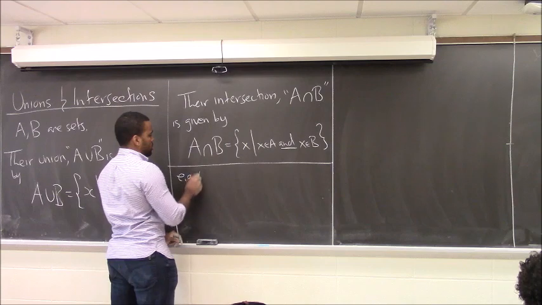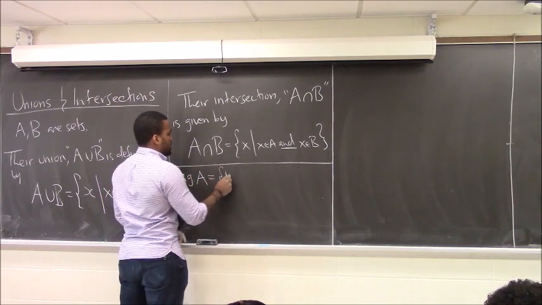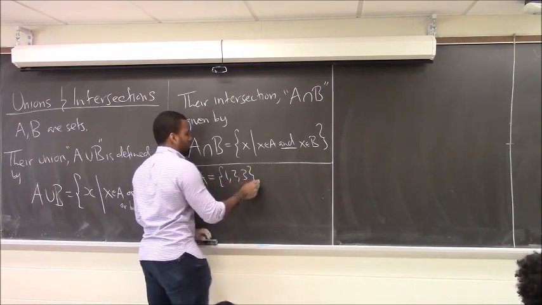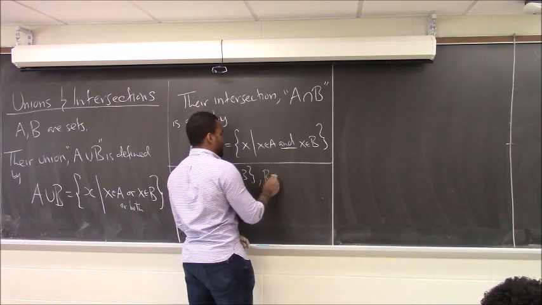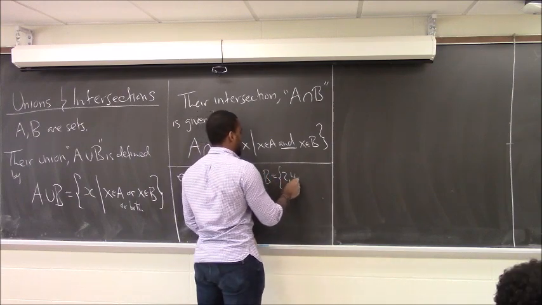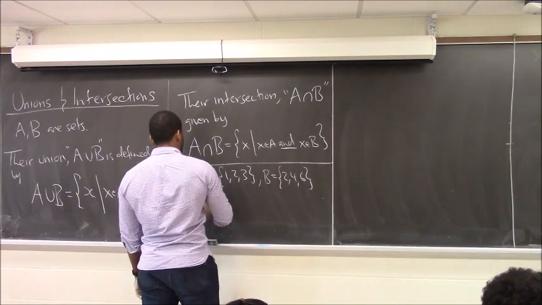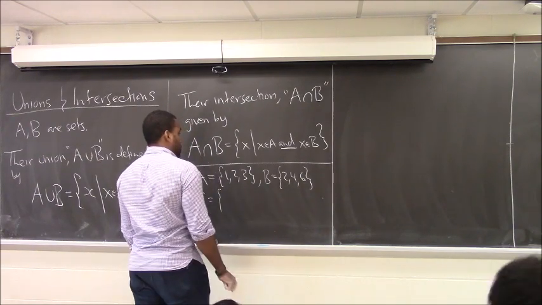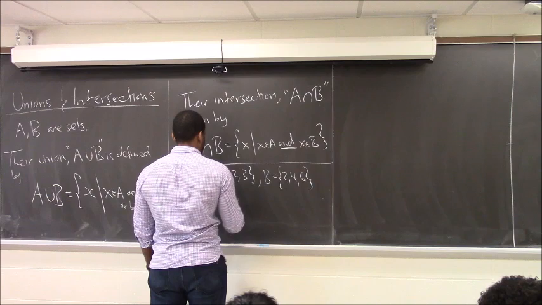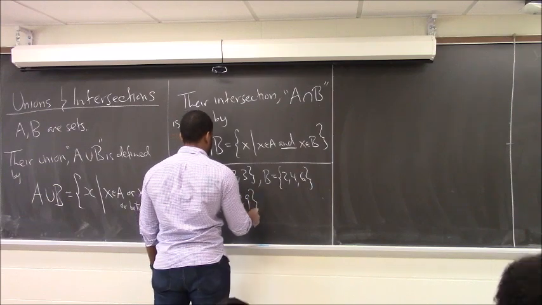Example. Say A is {1, 2, 3}, B is {2, 4, 6}, C is {5, 7, 9}.